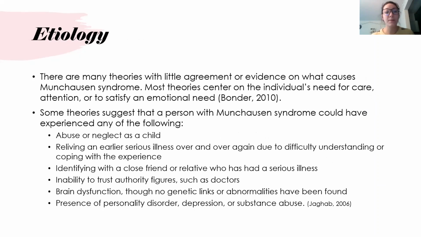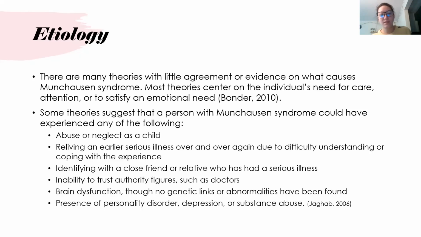So the etiology behind this: there are many different theories with little agreement or evidence on what actually causes Munchausen syndrome. A lot of these are based around the need that this person may have for care and attention, and their behavior reflecting this to satisfy this emotional need.